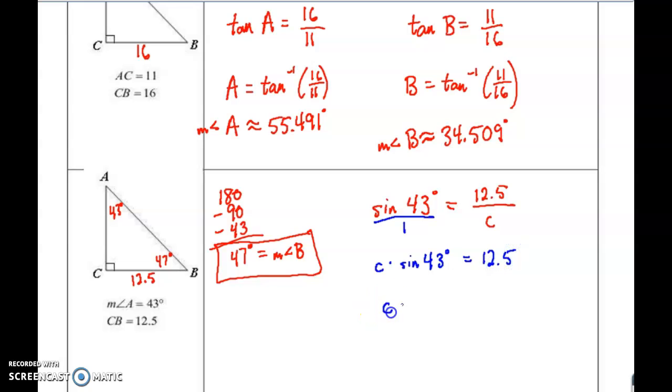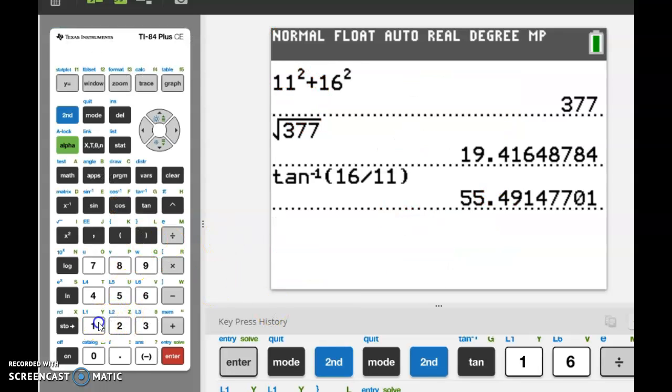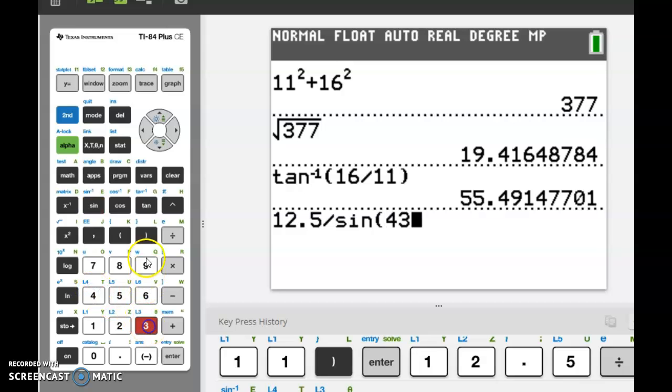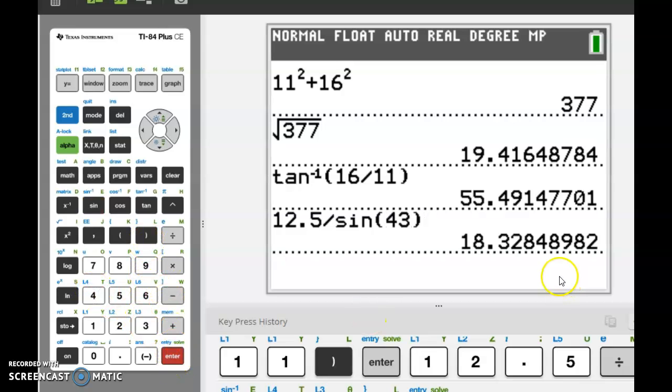So now to solve for C, it's going to be 12.5 divided by sine of 43 degrees. I'm just going to type that into my calculator. 12.5 divided by sine of 43, and you get an answer of about 18.328.